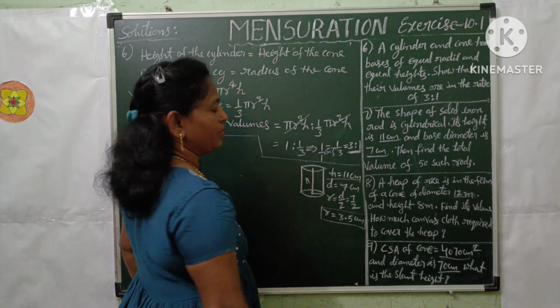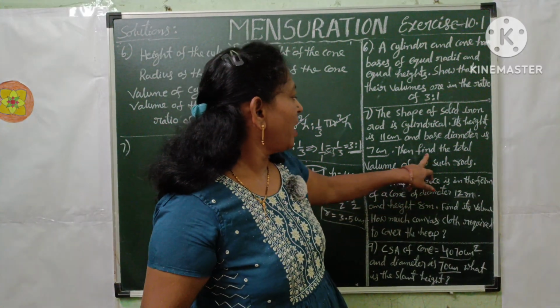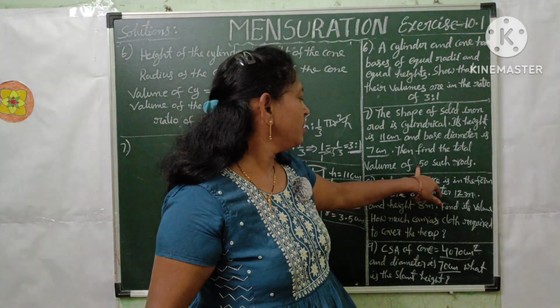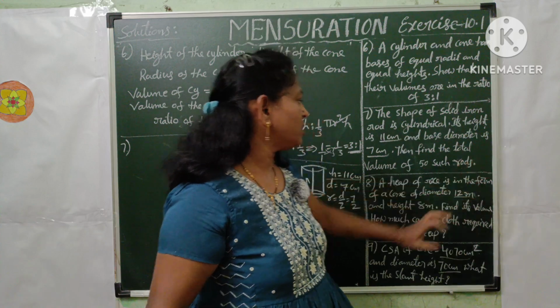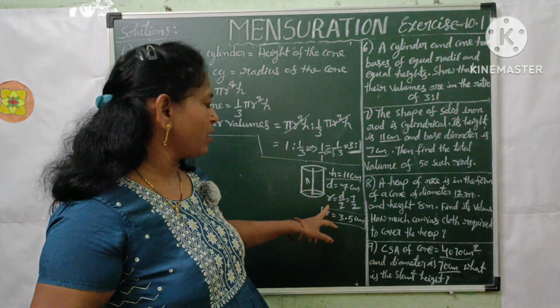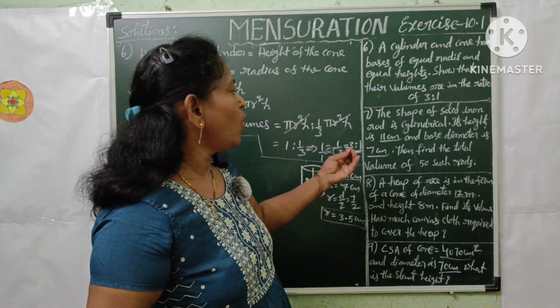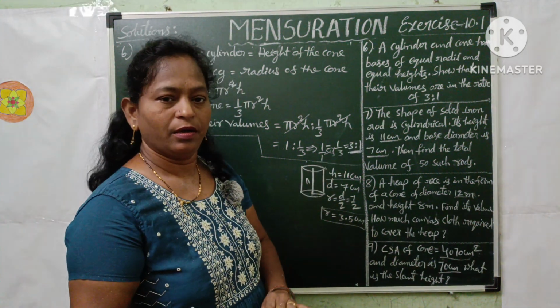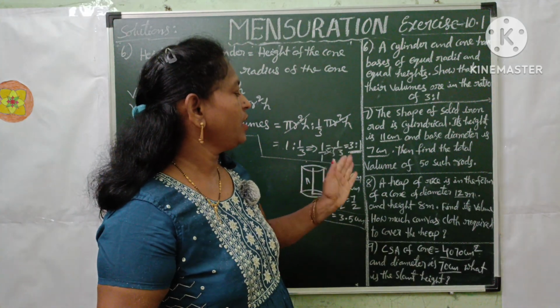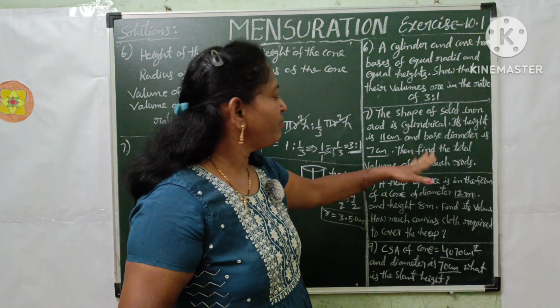Height is 11 centimeters. Next, find the total volume of 50 such rods. Here the height is given, and the diameter, so the radius is also given. We need to first find the volume of the cylinder. Then we have to find the volume of one cylinder, and then the 50 such rods.